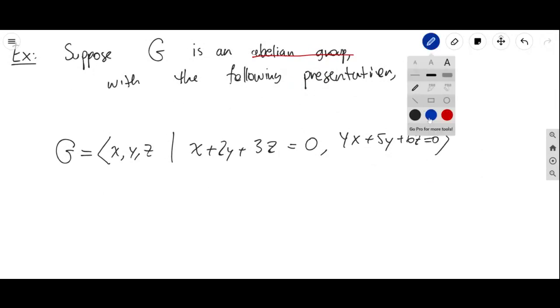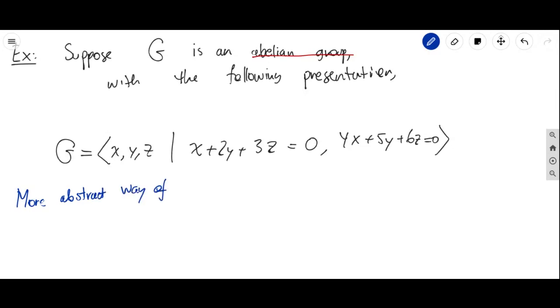If you want to think of it more abstractly, here's a more abstract way of defining G. Not because it helps with solving the problem, but because it nicely reinforces a lot of the concepts we've been talking about previously. This is just a quick review. I want to show you how you can define G through a universal property.